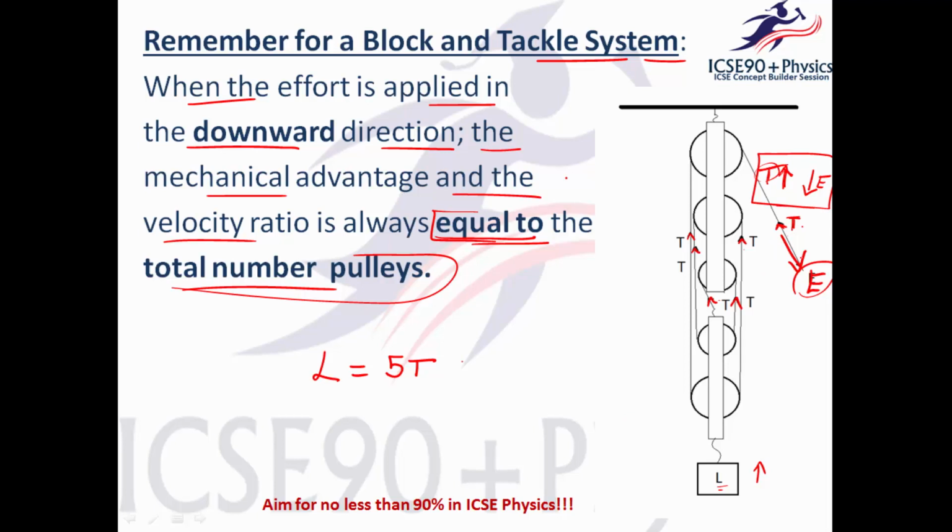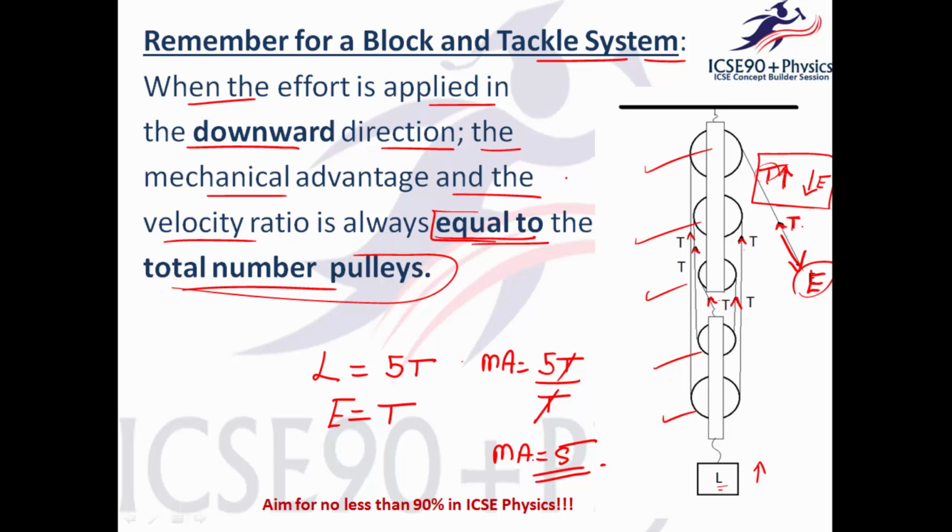From the last portion of the string, we know the effort is equal to T. The effort nullifies the tension, and we know the formula, mechanical advantage equals load upon effort, which is nothing but 5T upon T. T cancels out, that leaves us with mechanical advantage equal to 5. Remember this always. Now this 5 is nothing but the total number of pulleys, 1, 2, 3, 4 and 5.